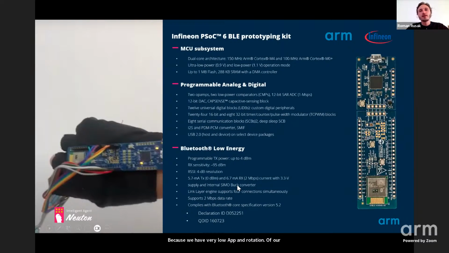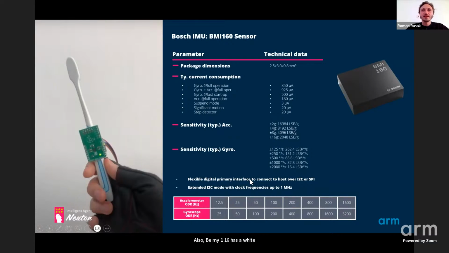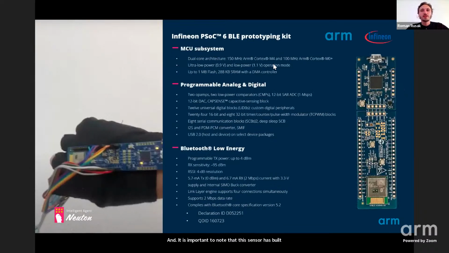Also, the BMI 116 has a wide selection of output data rates that allow us to accurately find the output data rate we need for feature extraction. And it is important to note that this sensor has built-in digital filters that can help you clean data from noise for better feature extraction.